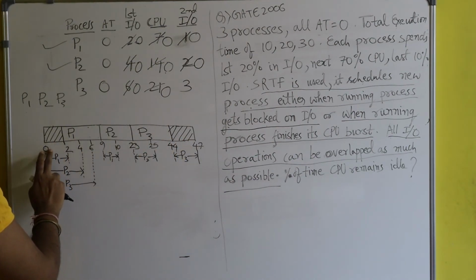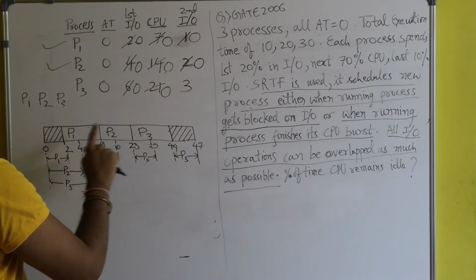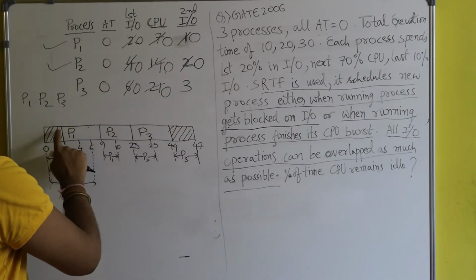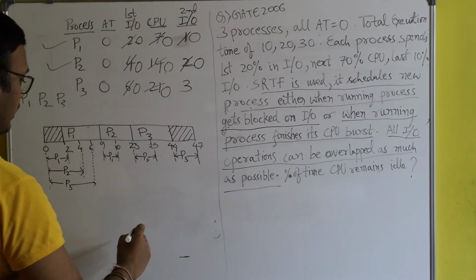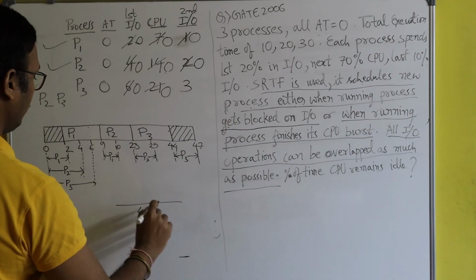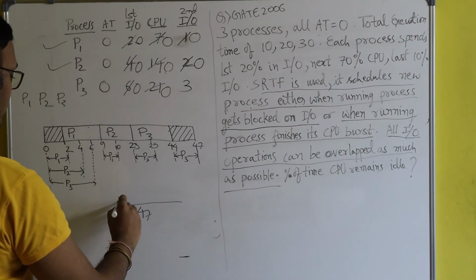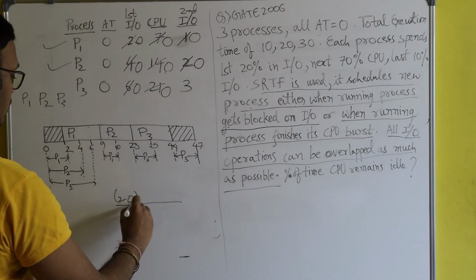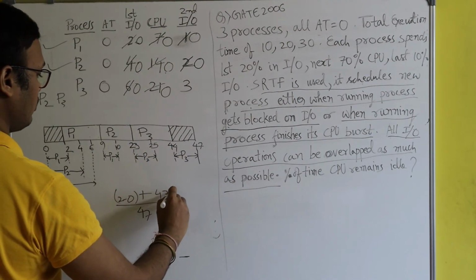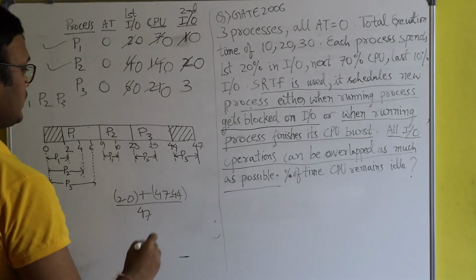Here 2 minus 0 is 2, and here 47 minus 44 is 3. So 2 minus 0 plus 47 minus 44 is the CPU idle time.